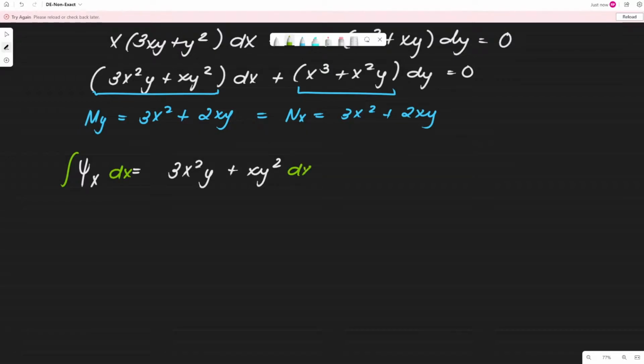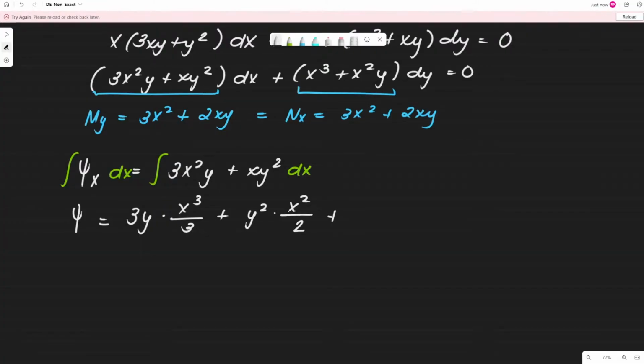So hence we need to get the antiderivative in respect to x. So we'll have psi is equal to 3y, lahat ng constant, 'di ba? Lahat ng mga non-variables magiging constant. So times x cubed over 3 plus y squared times x squared over 2.